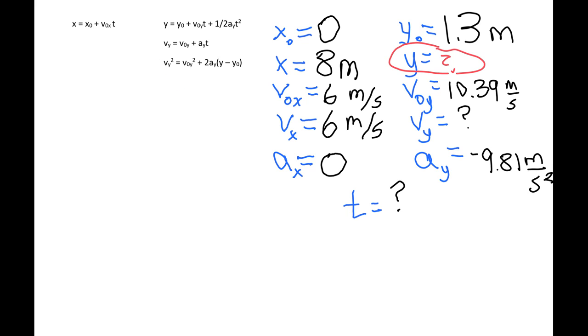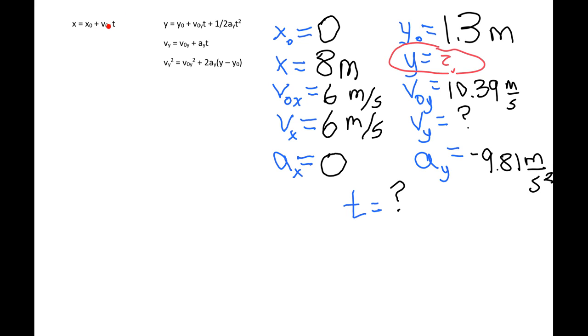But there's a reason that we also have all of this information that we can evaluate. In the horizontal direction, because there's no acceleration, we only have one equation, and it's this simple one. And in this case, we know enough that we can solve for time. We know its initial position is 0, its final position is 8 meters, and we know its initial speed is 6 meters per second.